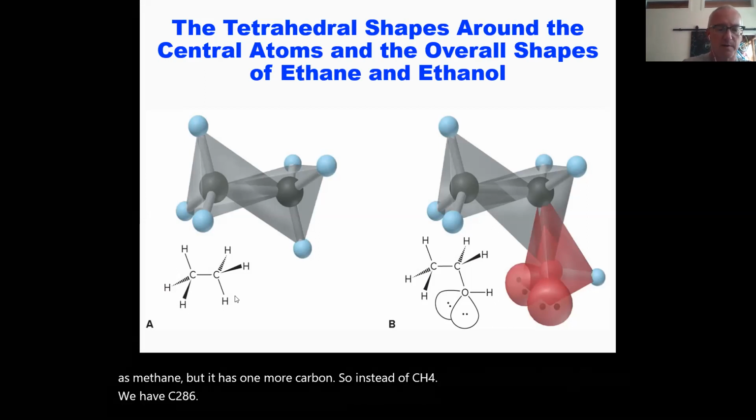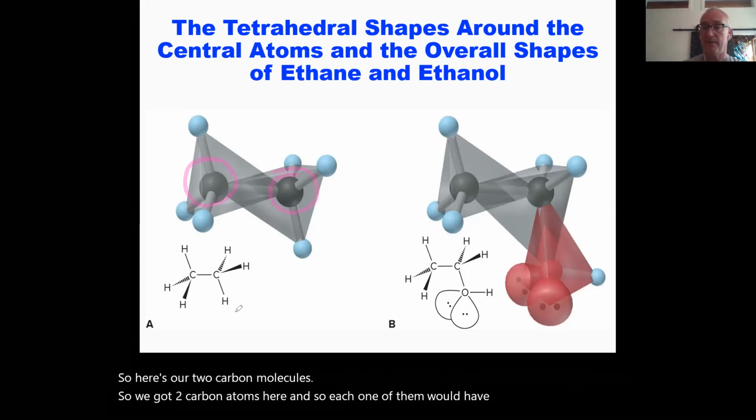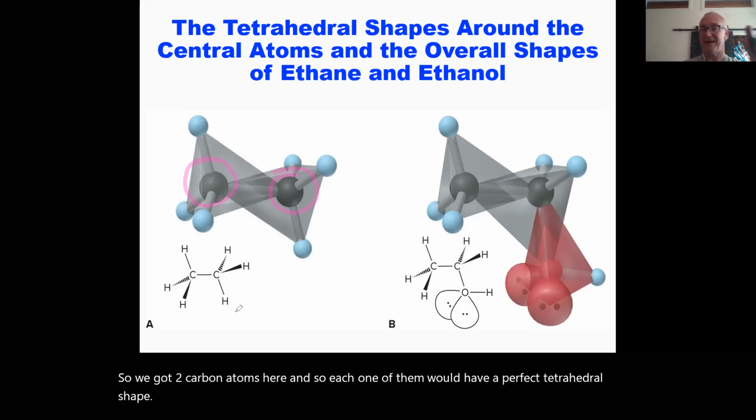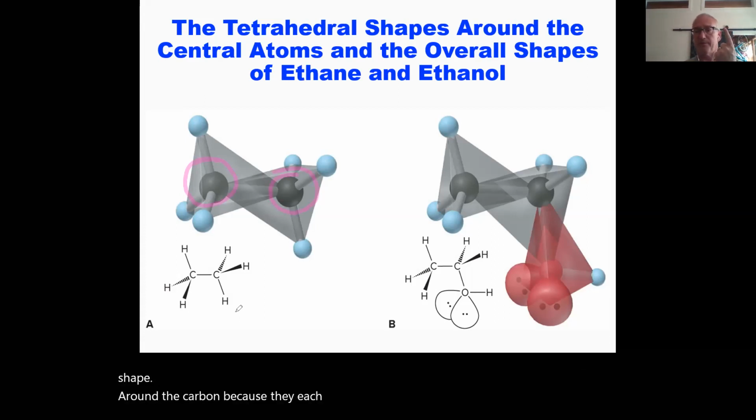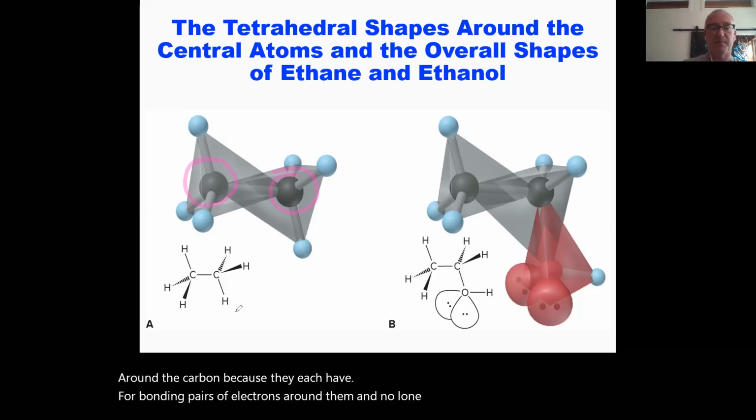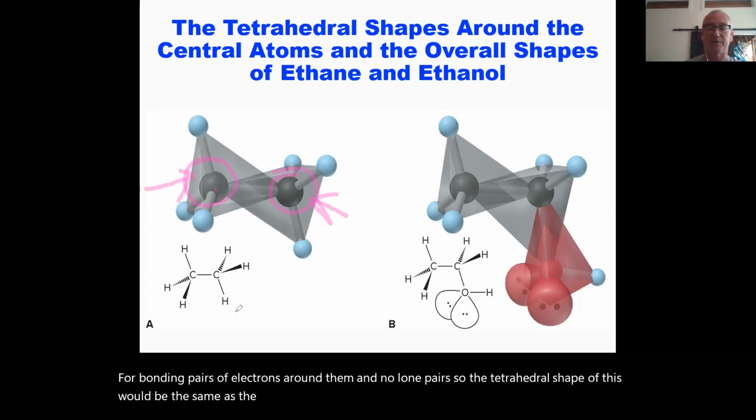So here are our 2 carbon atoms. Each one of them would have a perfect tetrahedral shape around the carbon, because they each have 4 bonding pairs of electrons around them and no lone pairs. So the tetrahedral shape of this would be the same as the tetrahedral shape of that. So that would be relatively ideal.